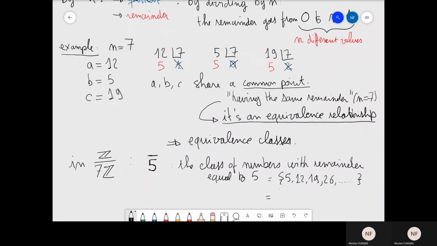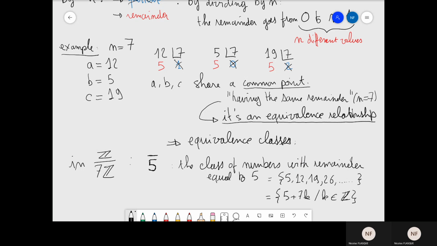Actually, it's 5 plus 7 times k, where k is itself an integer. That's how an equivalence class, or an element in Z over 7Z here, is defined.